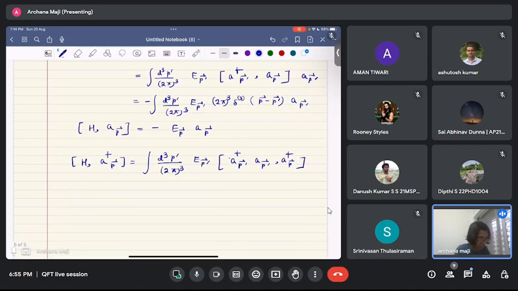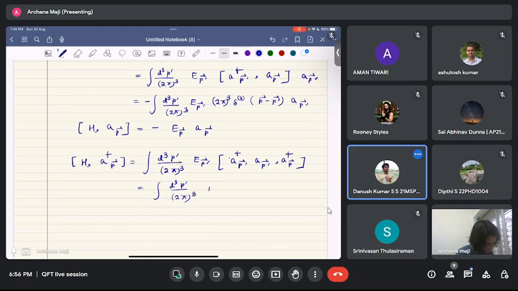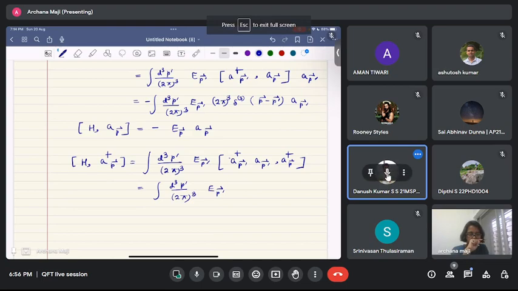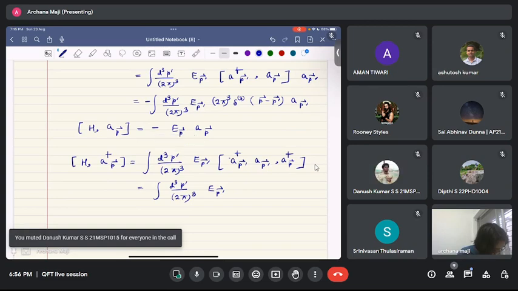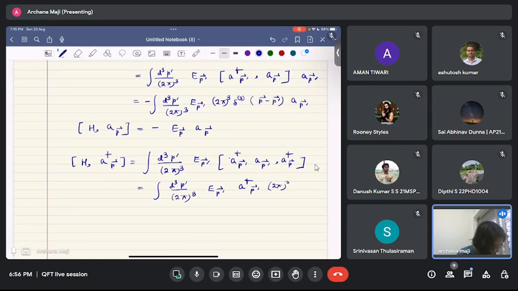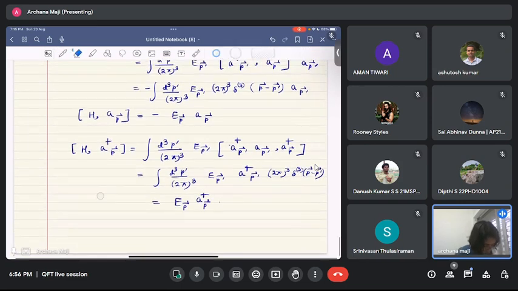You will now not get the minus sign because now the commutation is with a dagger. So 2 pi cubed delta 3 of p minus p prime. I hope the steps are clear.